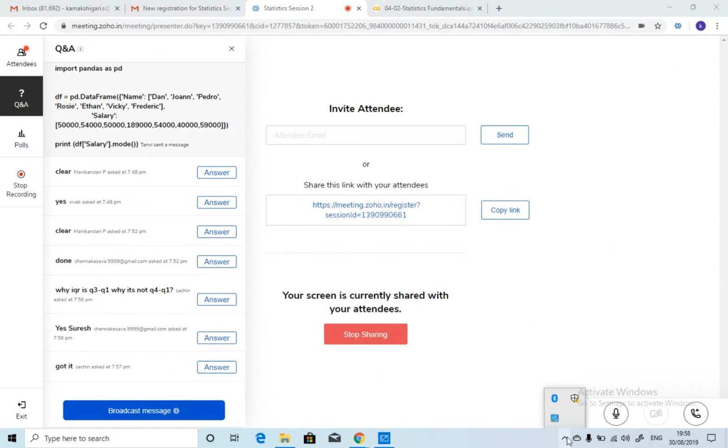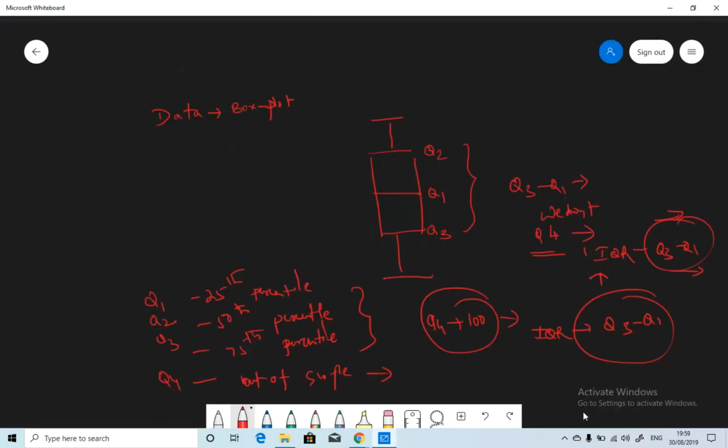Okay. Now, next point is a very important point. We know the mean. What is the mean? Mean is the center of data, or whatever we call average, right? We understood.